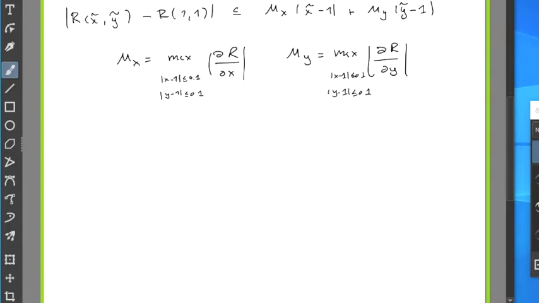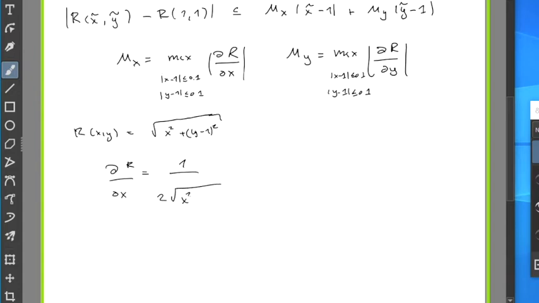Okay. So then we need to determine these two numbers, and in order to do that, we need to take the partial derivatives of our function. So r of x, y is equal to the square root of x squared plus y minus 1 squared. So the partial derivative with respect to x is outer derivative 1 over 2 times the thing in the square root, times the inner derivative, which is 2x. So we simply get this.